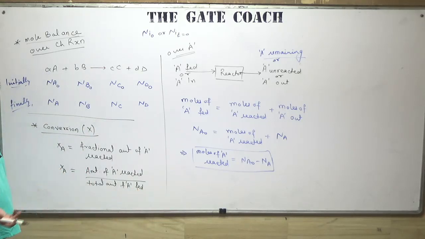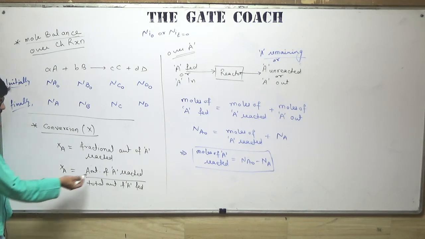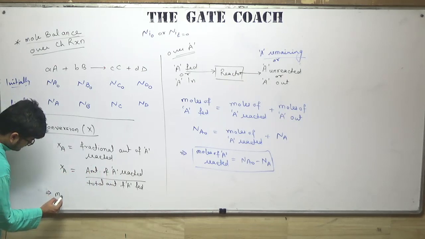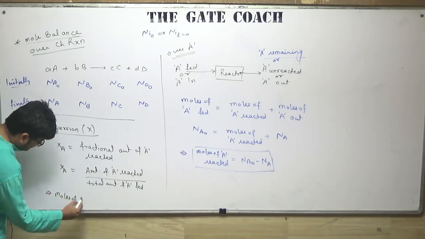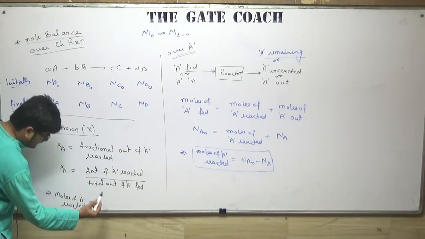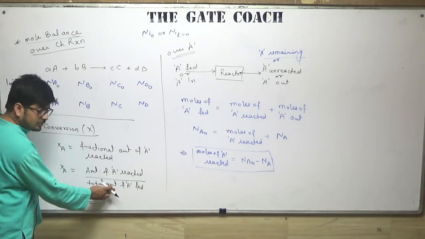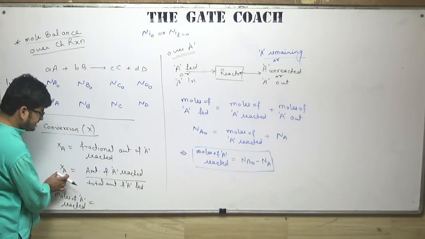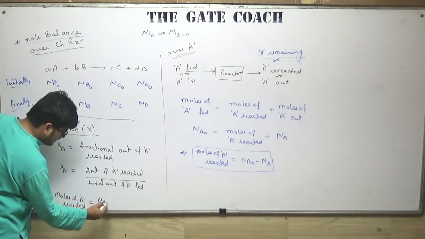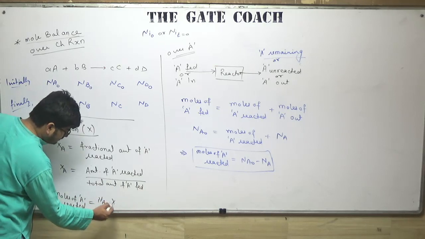You can define that amount in terms of moles, or in terms of mass as well, but let's say we are talking about moles first. So moles of A reacted will be equal to amount of A fed multiplied by XA. Amount of A fed means Na naught into XA.